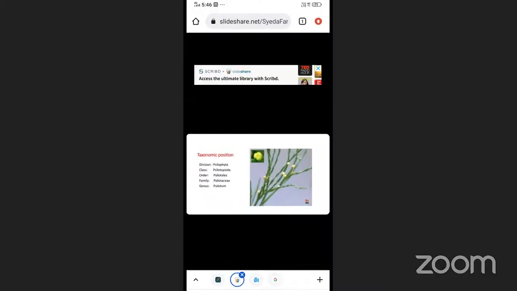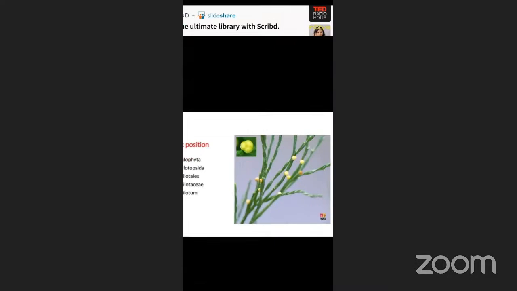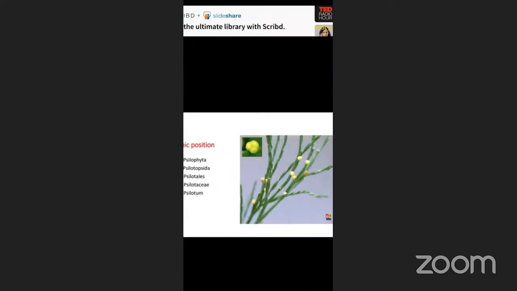So this green shoot system is present. Both the rhizome and aerial stems are continuous and morphologically identical.